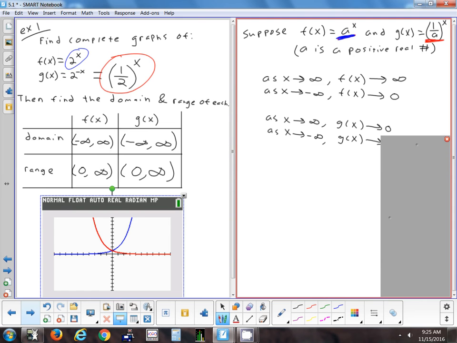Y approaches infinity. Okay, so what I'm really showing here is that these are mirror images of each other. They do exactly the opposite thing as you head to the right and you head to the left. One of them heads towards infinity, the other one heads towards 0.